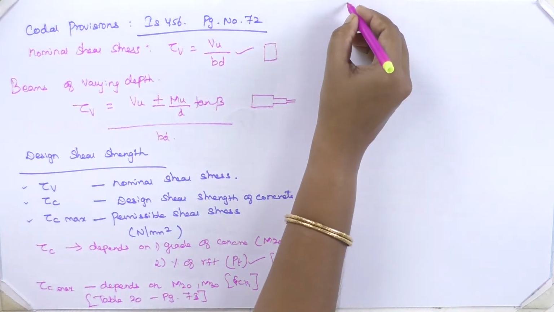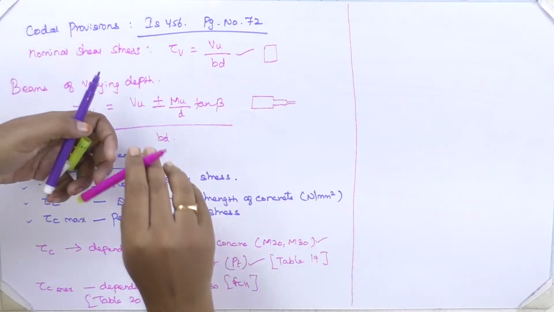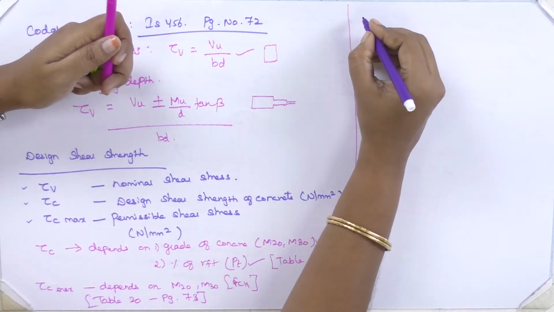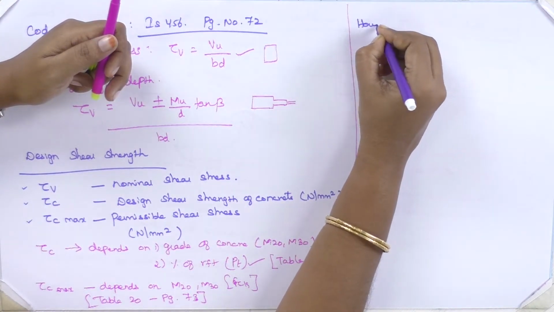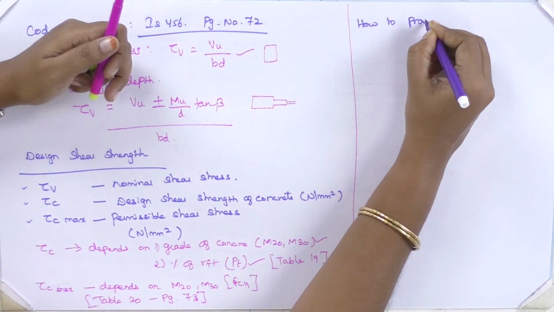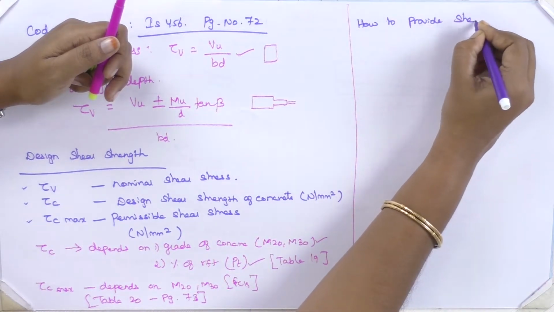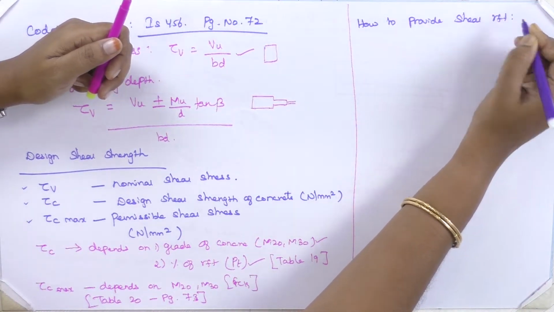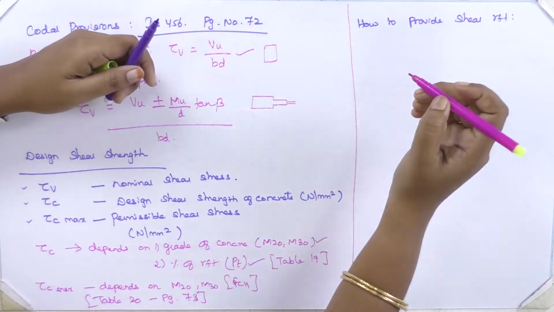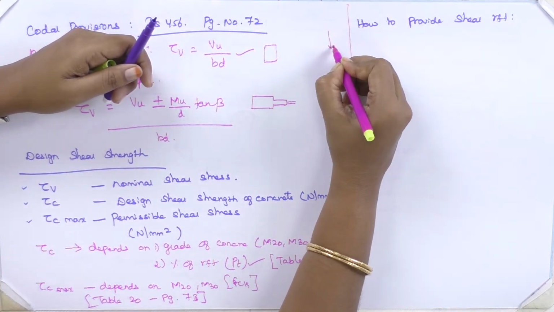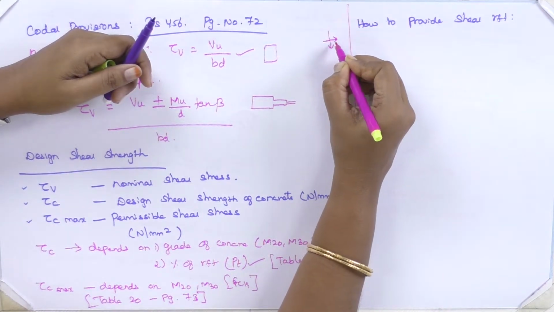Okay. How to provide minimum shear reinforcement? Before that, how to provide shear reinforcement? The shear will be occurring in this fashion, also along in this fashion.